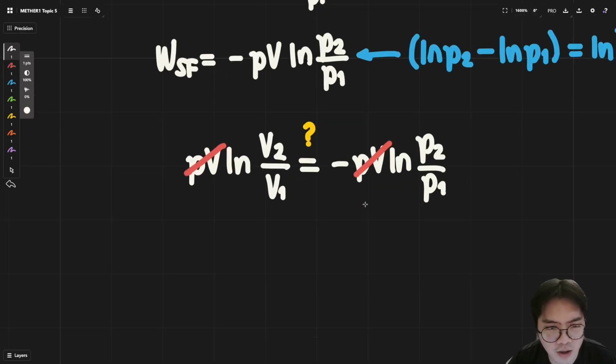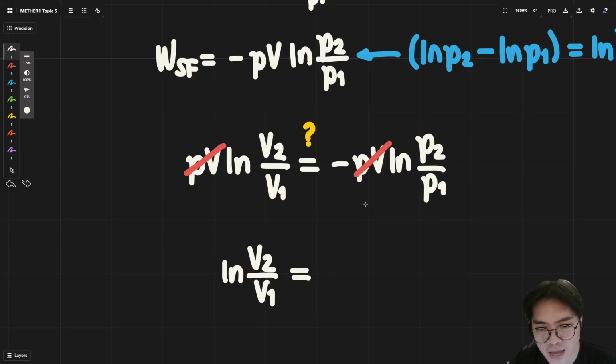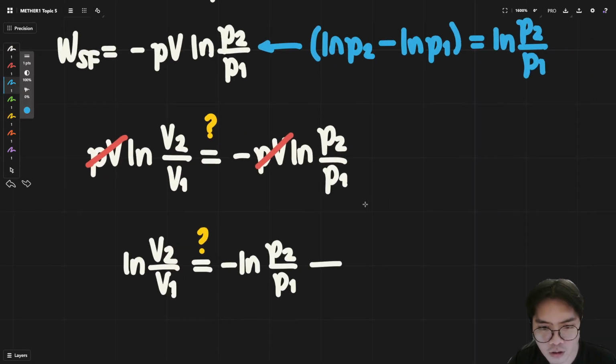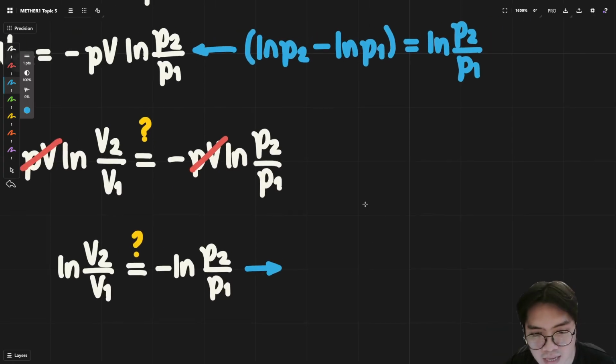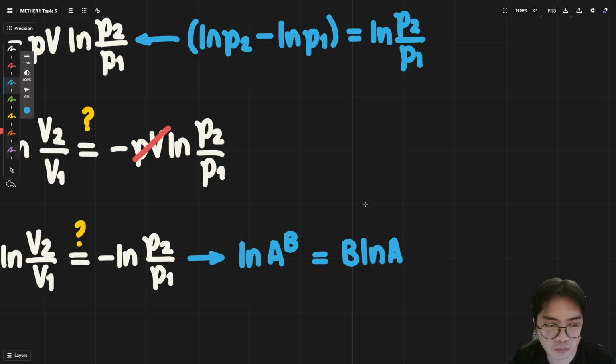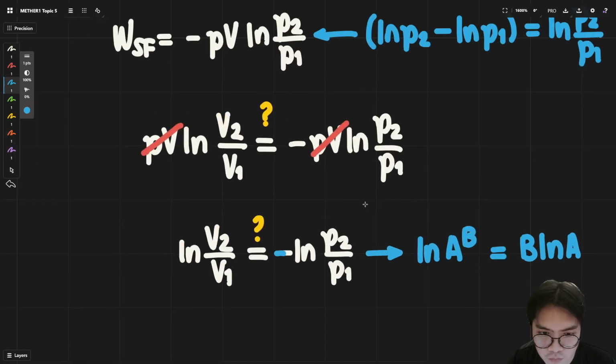Then you will come across ln of V2 over V1 is equal to negative ln of P2 over P1. But then I will invoke a law of logarithms, the superpower of the logarithm: if you have ln of A raised to B, you can just drop down the B in front of the logarithm. Why is this important? It's because there's a negative 1 in front of this logarithm. What I can do is force that back up in there.